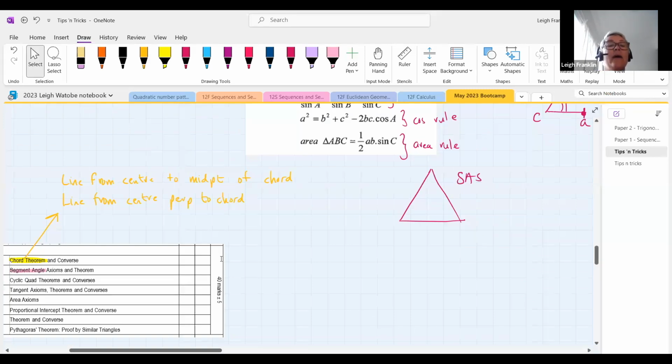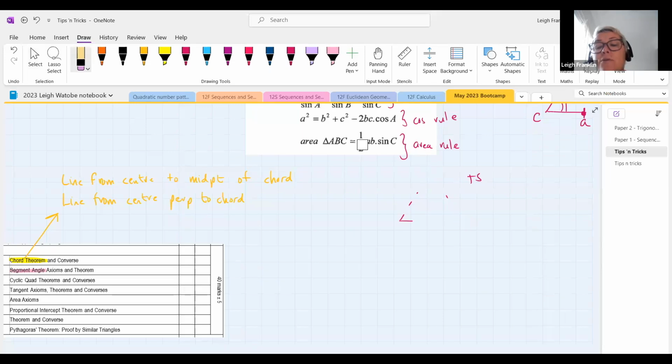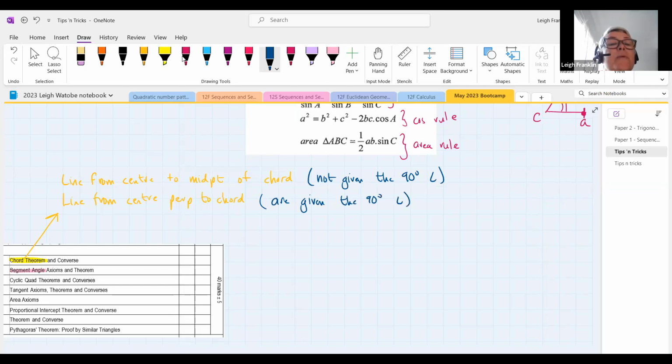Here in the first one, you are not given the 90-degree angle. In line from center perpendicular to chord, you are given the 90-degree angle.